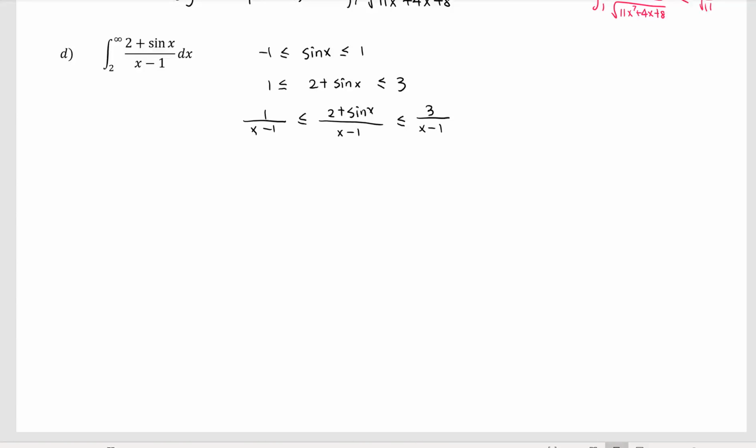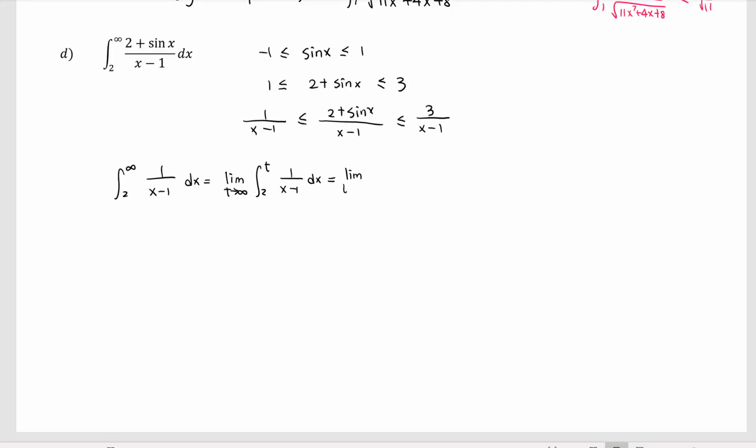So we have 2 things to compare with. Which one works? Let's try to compute them. The integral from 2 to infinity of 1 over x minus 1 dx is the limit as t goes to infinity of the integral from 2 to t of 1 over x minus 1 dx.